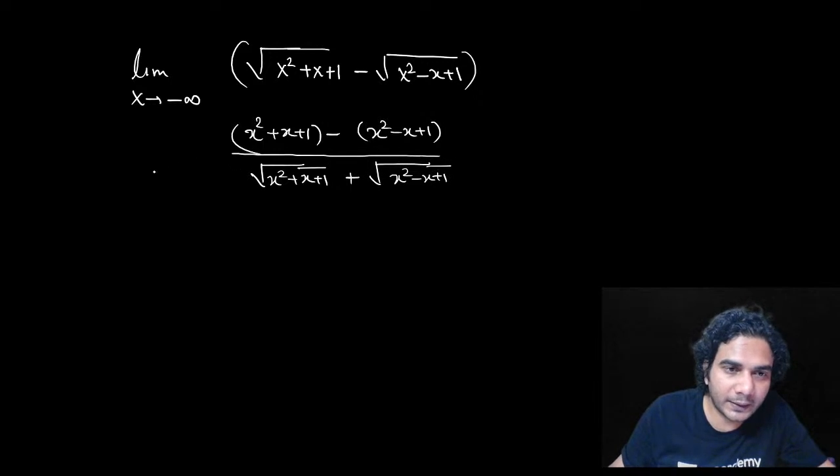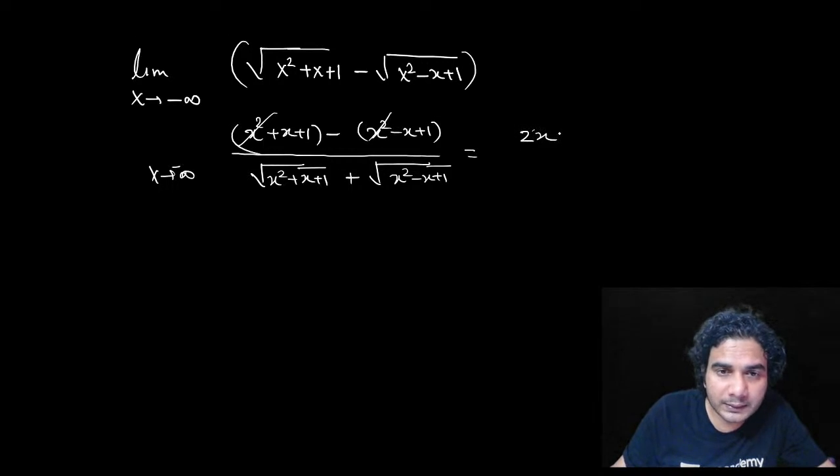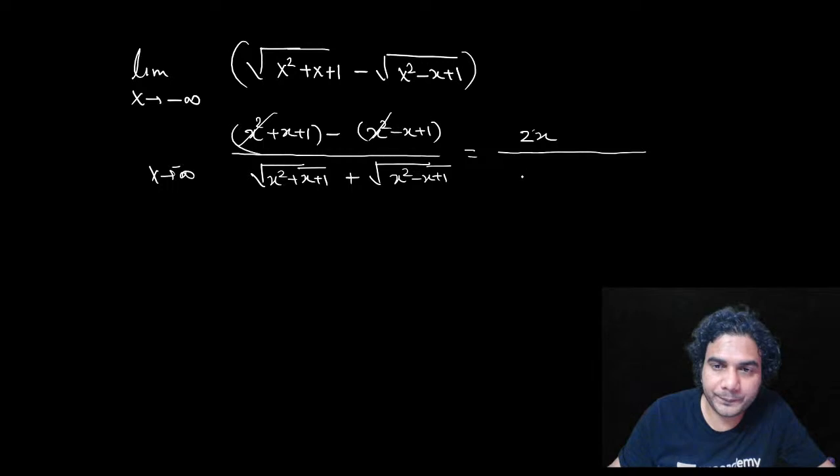Now see what is the error you have made. First of all, let's cancel these, and it is going to be 2x in the numerator. While taking x common from these two terms, x square plus x plus 1, you have taken x outside.